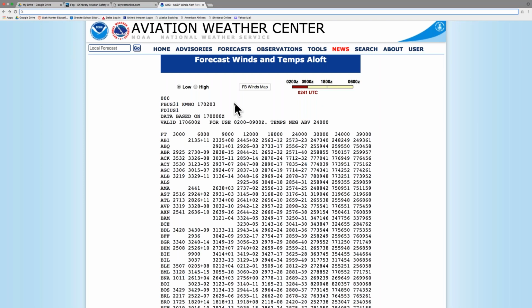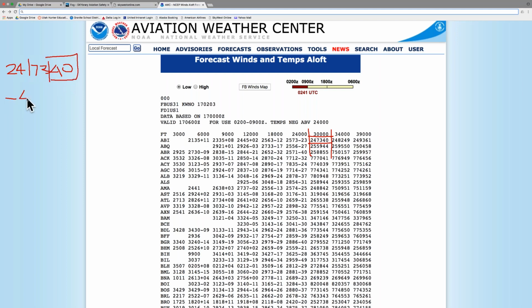The first thing we do when we look at these charts is look at the altitude we're going to be flying. We take this number here, 247340, and break it down. 40 degrees is our temperature.